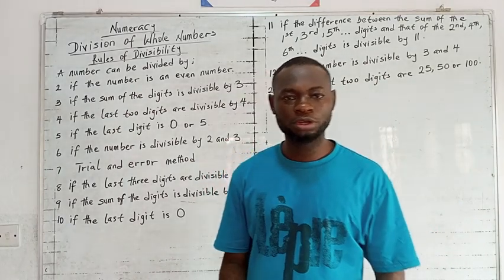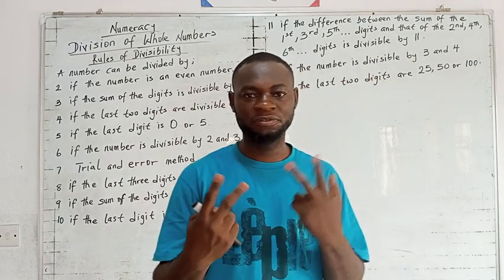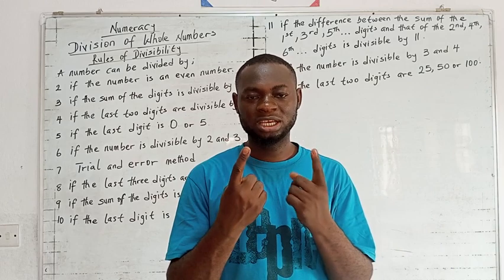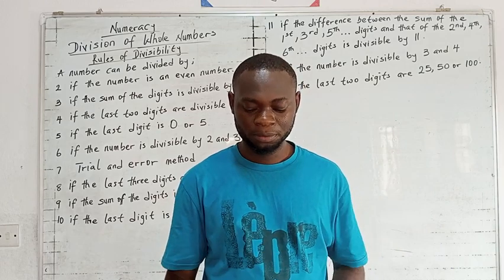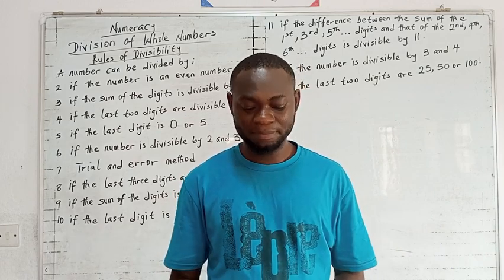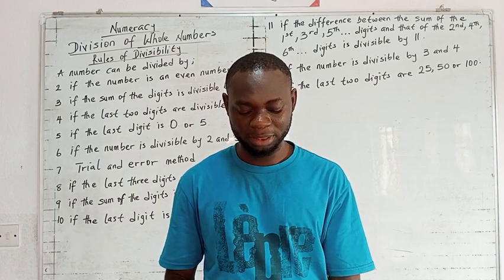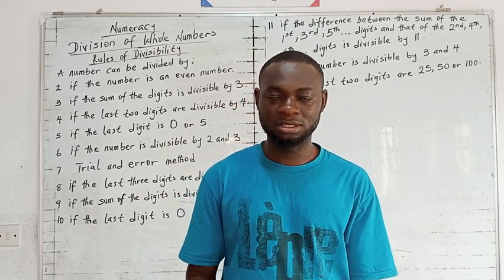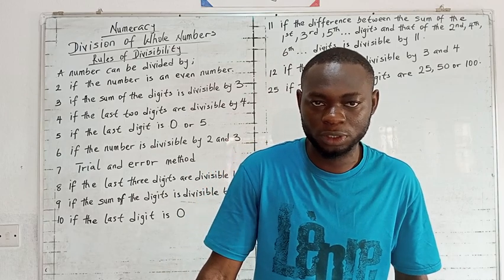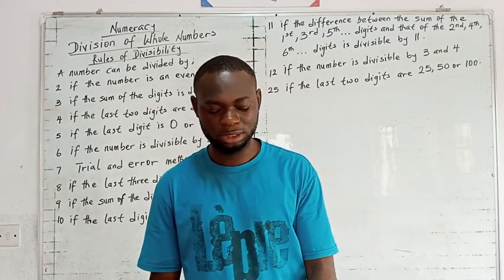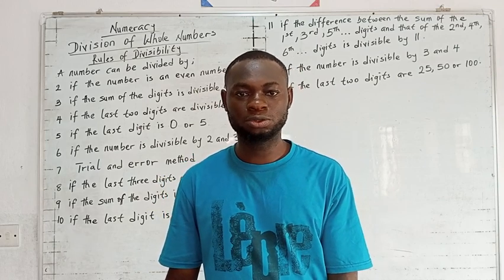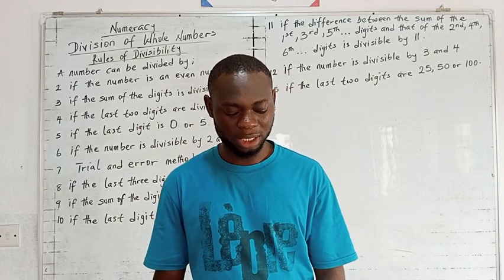I believe by now we already know the concept of even numbers. We say that an even number is a number that can be divided by 2 without any remainder. And we say that even numbers end in 0, 2, 4, 6, and 8, while odd numbers are numbers that when divided by 2 have a remainder.